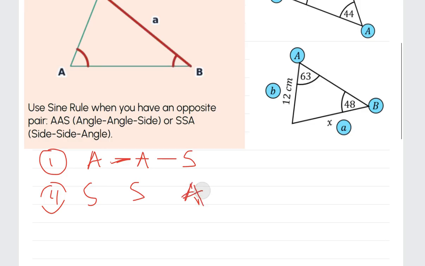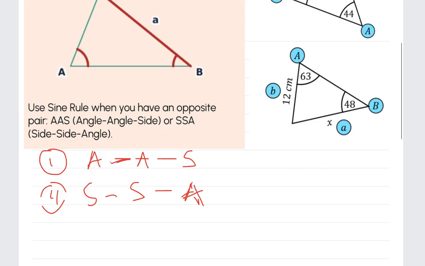Angle, side, angle. Again, angle, side, angle. Again, side, angle. Are you seeing that now? These are the cases where you can use the sine rule. So you are going to be seeing the condition being played in our example here now.